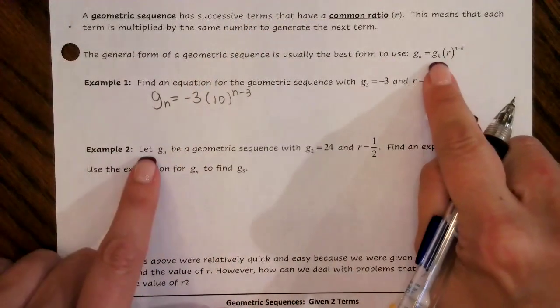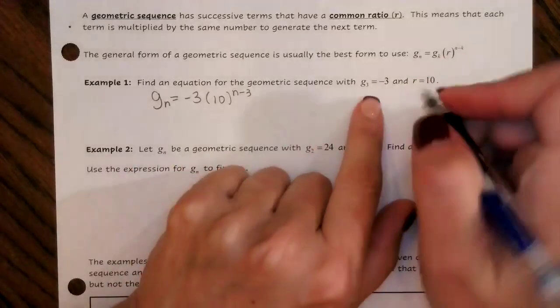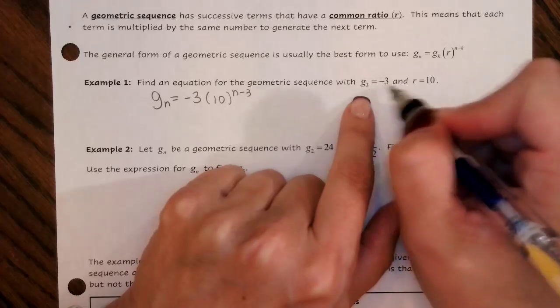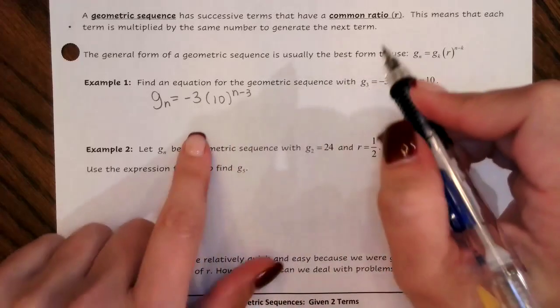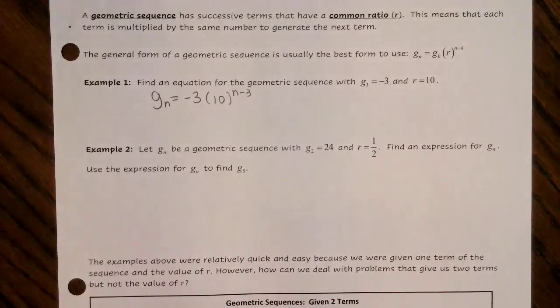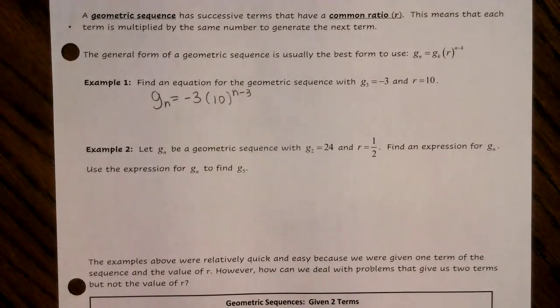The k and the G of k go together. My k is 3 and my G of k is -3. So I plugged in that -3 for G of k, and then I plugged in the 3. So that's the equation right there.